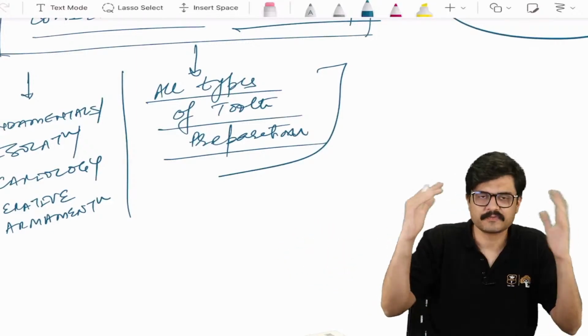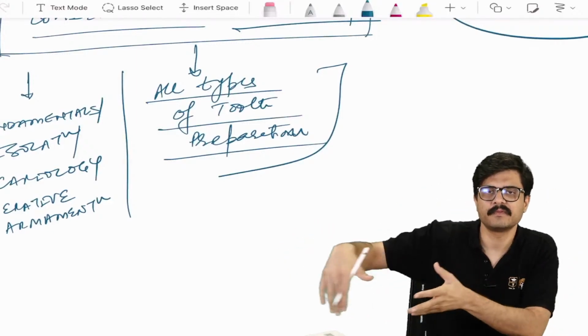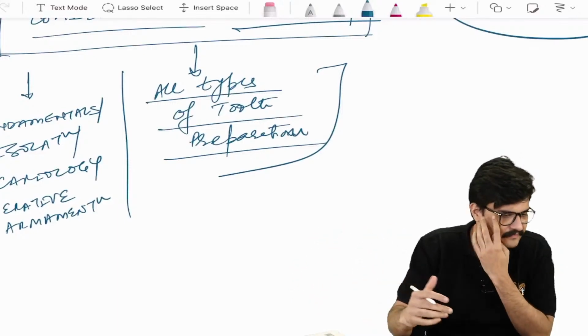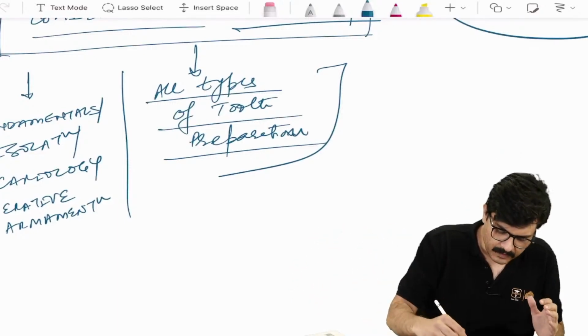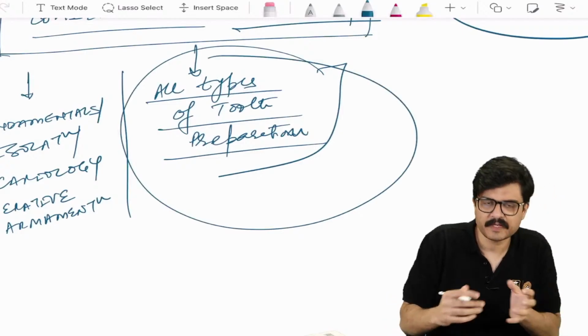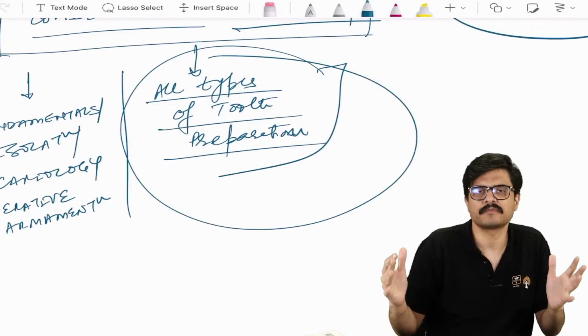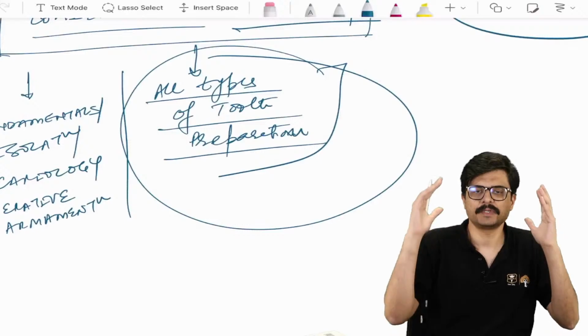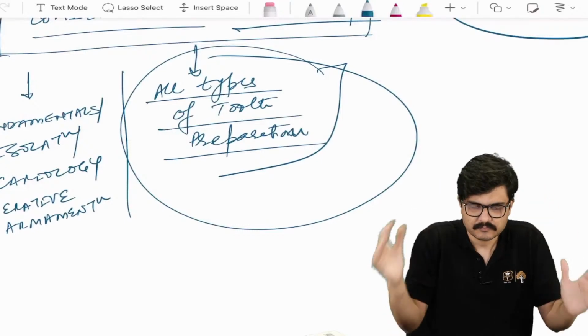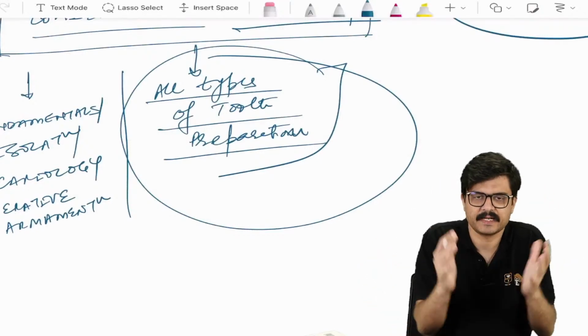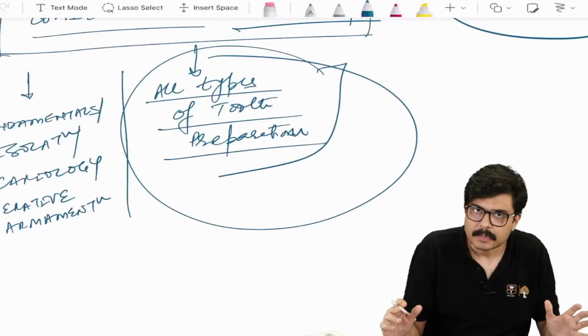What are the different types of composite preps? Conventional, beveled conventional, modified, etc. So all types of tooth prep, which is actually a big chunk of conservative dentistry, has to be summarized and kept in your head in a separate compartment.